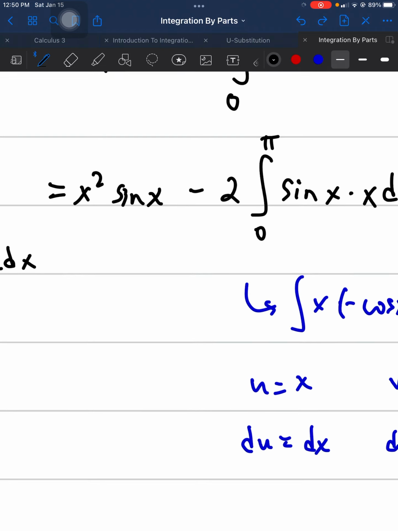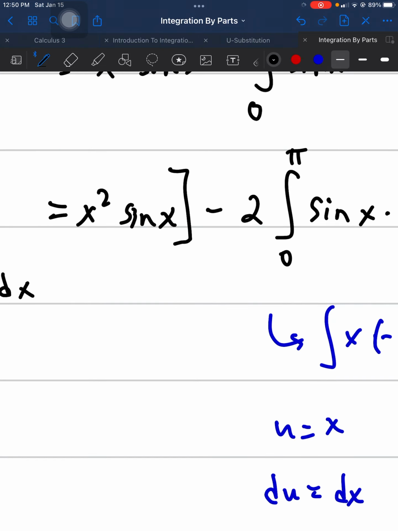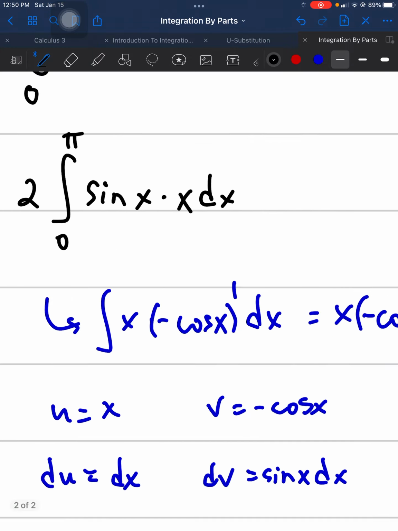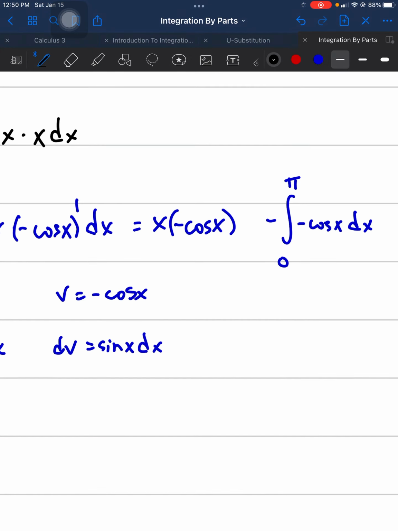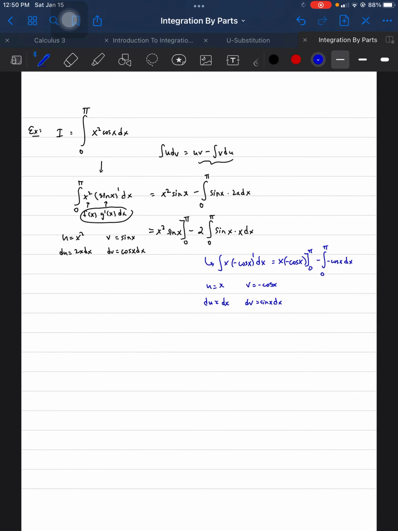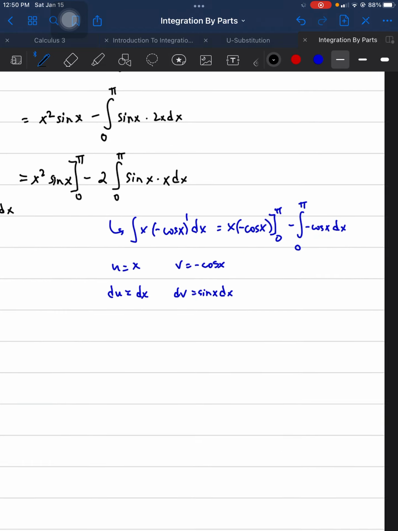And one thing I forgot was basically we need to evaluate this from 0 to pi as well. But now we have to evaluate this right here from 0 to pi as well. So now the final step would just be putting everything together and evaluating everything from 0 to pi. So let's actually do that.